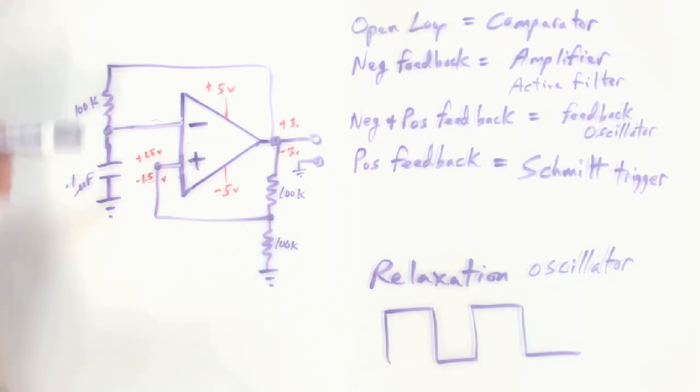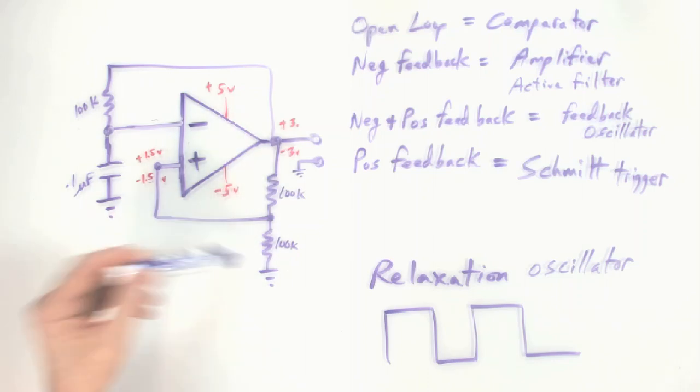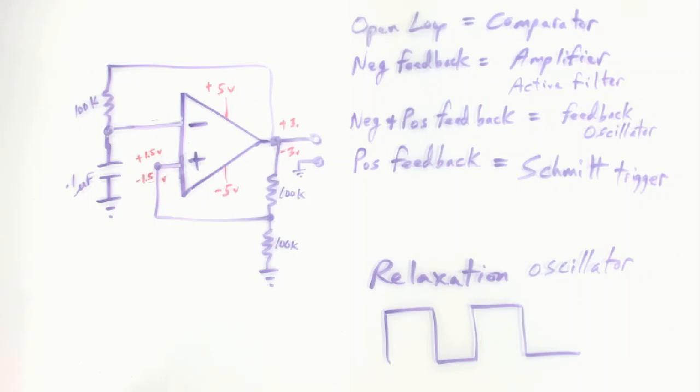Here it's charging and discharging, here it's voltage divider with a certain amount of feedback, or we created active filters by putting filtering on the input of an amplifier, and then we used a filter in the feedback path to provide positive feedback for an amplifier, and we created a feedback oscillator.